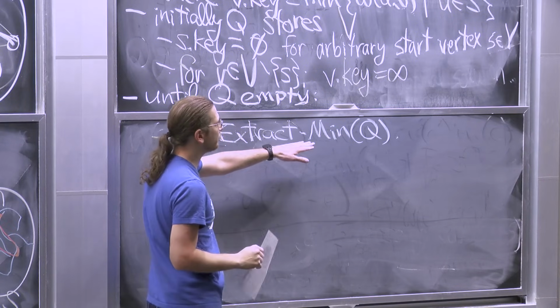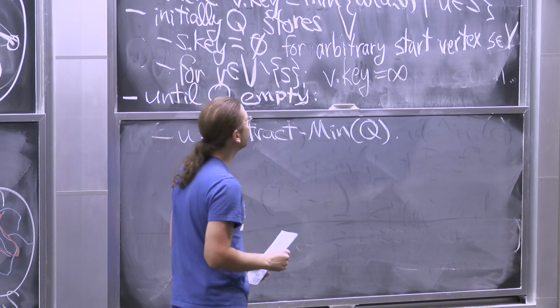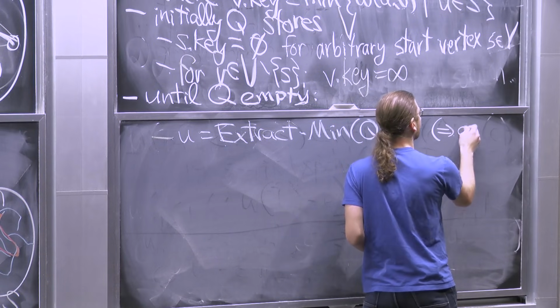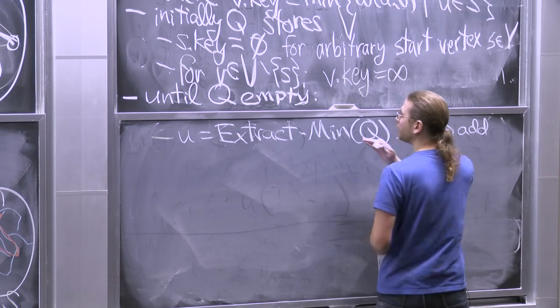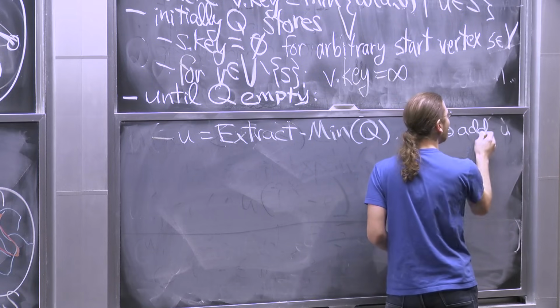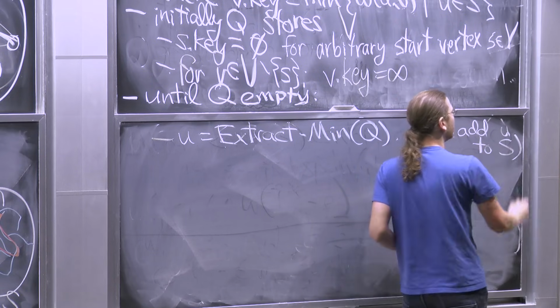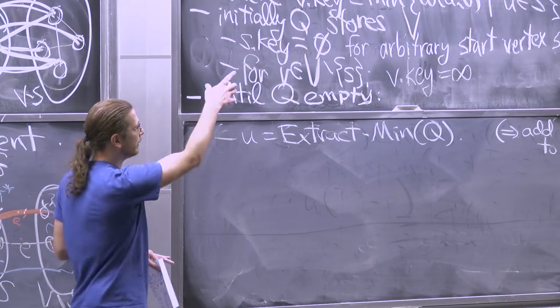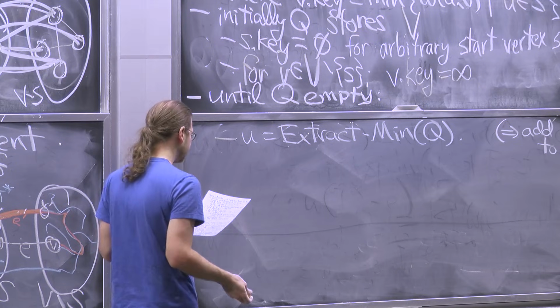When we remove vertex U from the Q, this means that we're adding U to S. By taking it out of Q, it enters S by the invariant at the top.